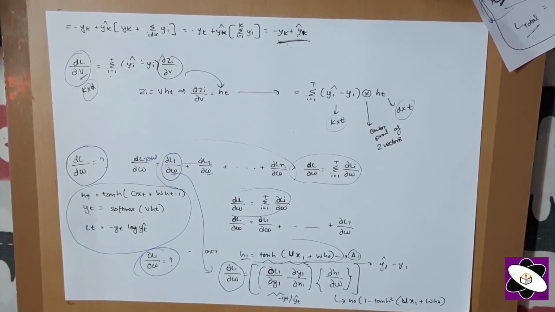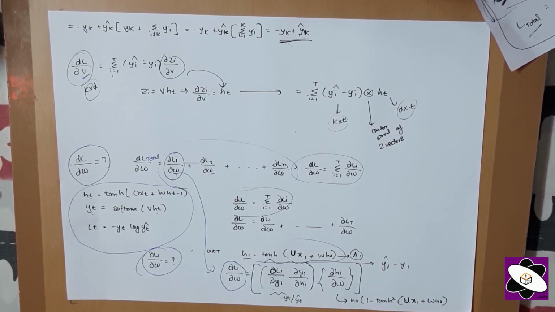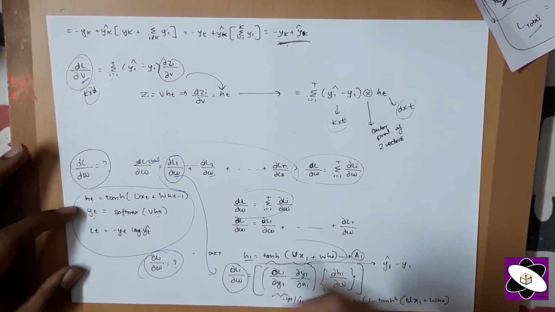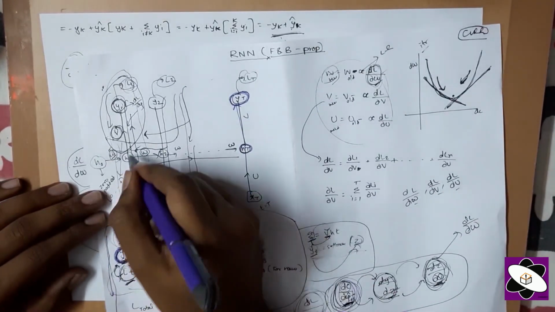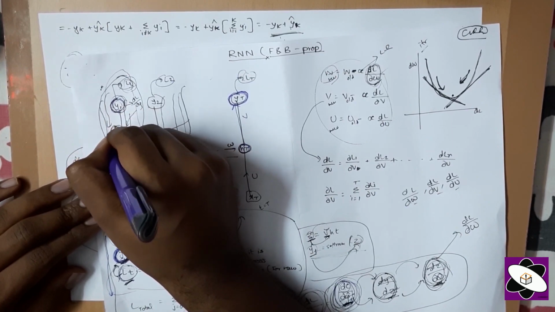So what in all I want to say is, whatever derivatives we get on the output side should be back propagated to the input side. W is something like the input side. Input side is this, the output side means this. So we need to back propagate this information.